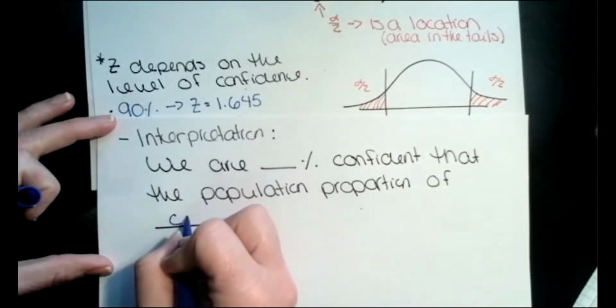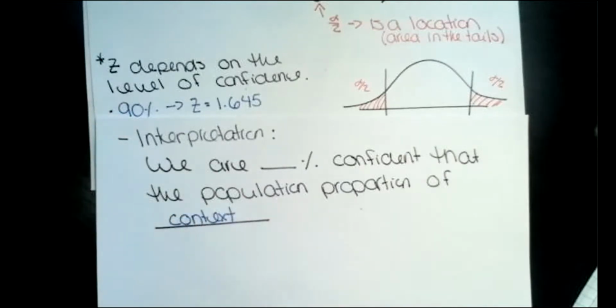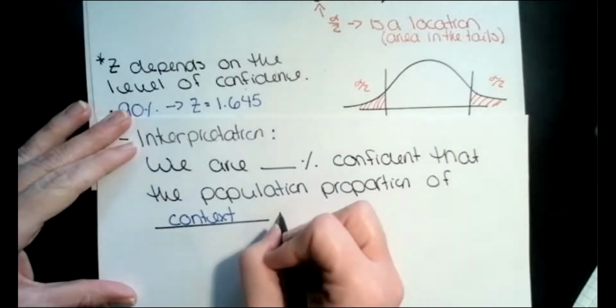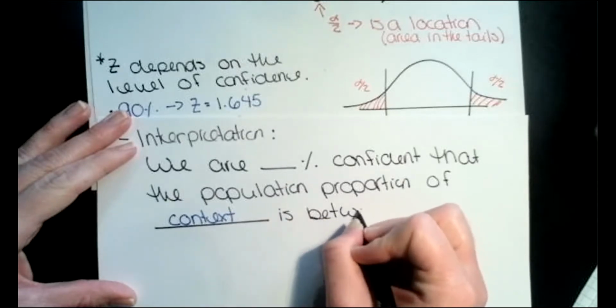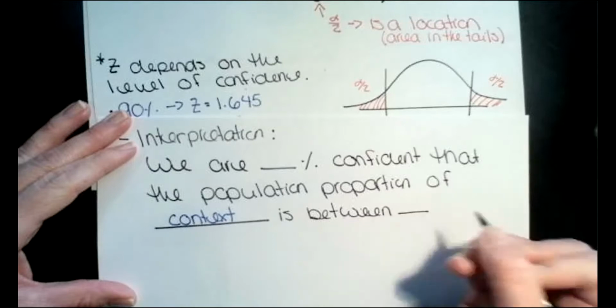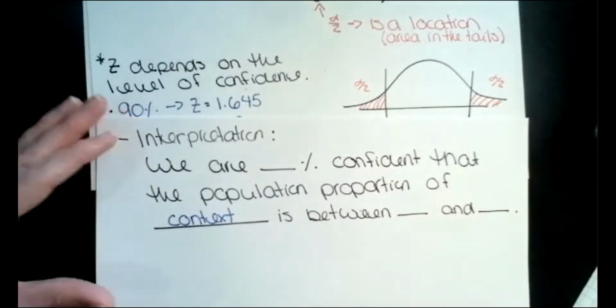So right here would be the context, what the problem is about, is between your lower bound and your upper bound.